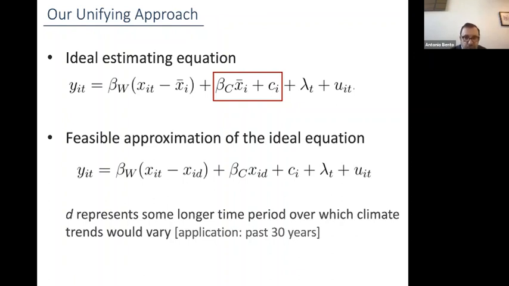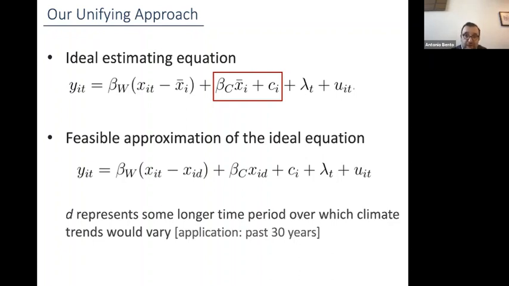And I think this is where the interesting part of doing the weather decomposition will come in a second, which is that the D here is going to represent a longer time period over which the climate trend would vary. And so in our application, this is going to be 30 days.